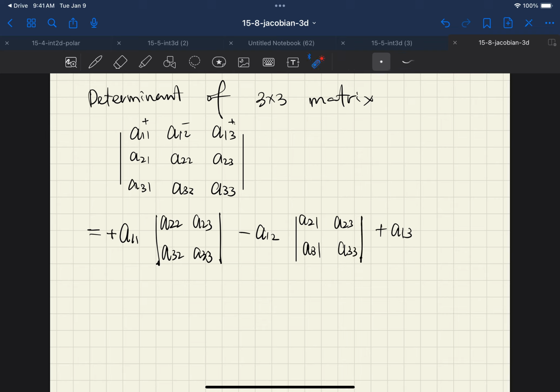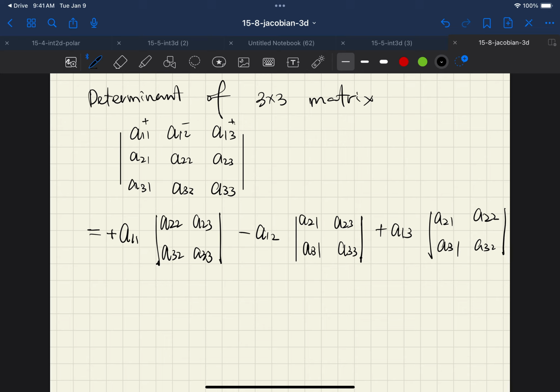Now for A13, the minor is taking away the A13 row and column, and you come up with this 2 by 2 matrix, which is A21, A22, A31, A32.